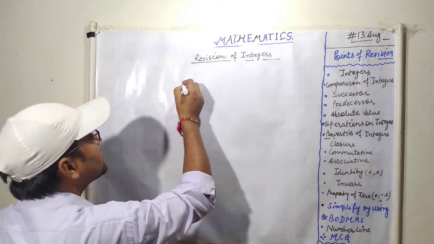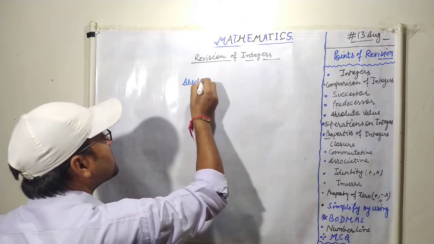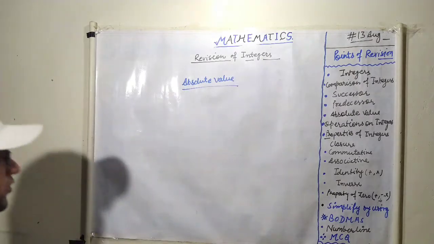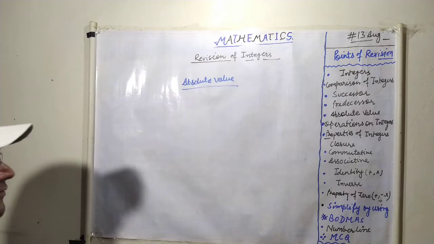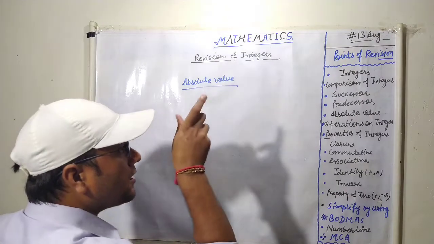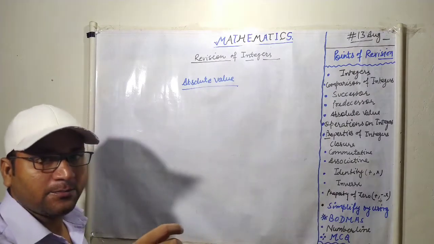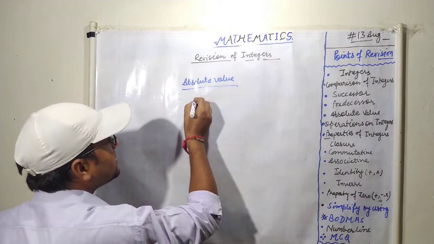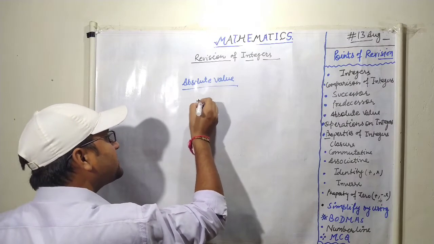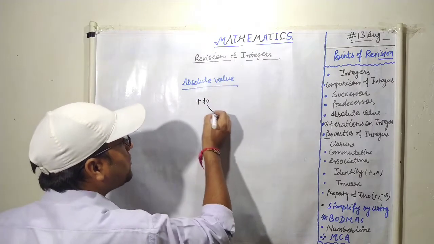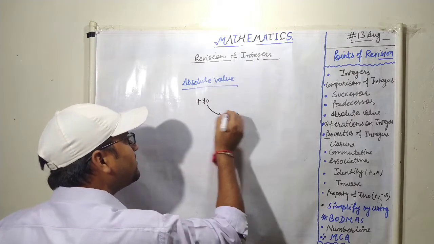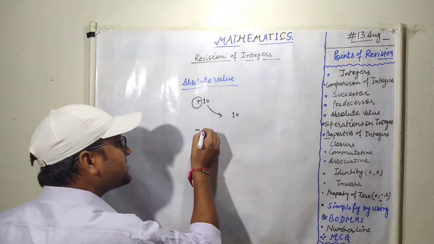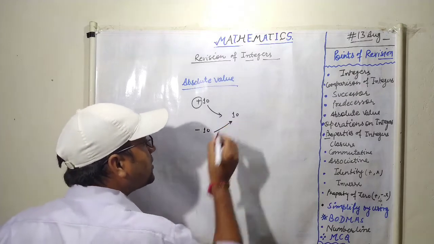Suppose it is given plus 10. What is the absolute value of plus 10? Only 10, without the sign. I am not going to take this sign. What is the absolute value of minus 10? That is also 10.